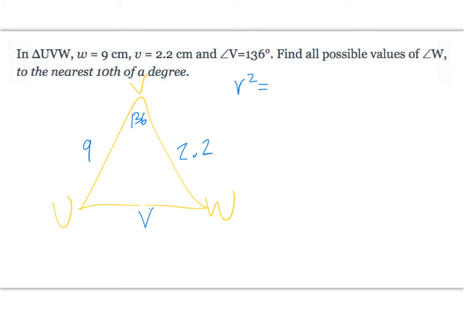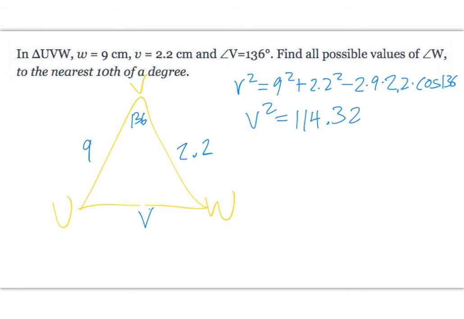Let me backtrack again. So we got 9 squared plus 2.2 squared minus 2 times 9 times 2.2 times cosine of 136, which gets me V squared is equal to 114.325. Square rooting both sides, we end up getting a value of 10.7-ish.